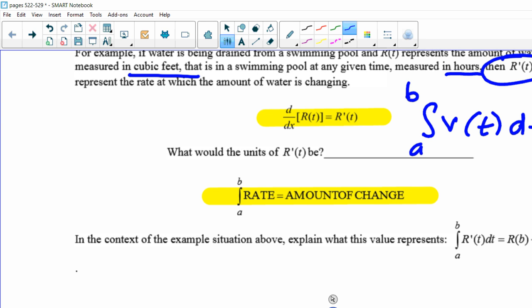That this would be P of b minus P of a, which is just the change in the position.